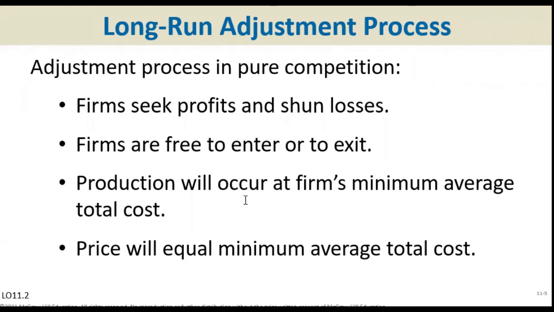And by doing that, in the long run, we will have long run equilibrium when the price will be at the minimum of the average total cost. And at that point, only normal profit is realized.